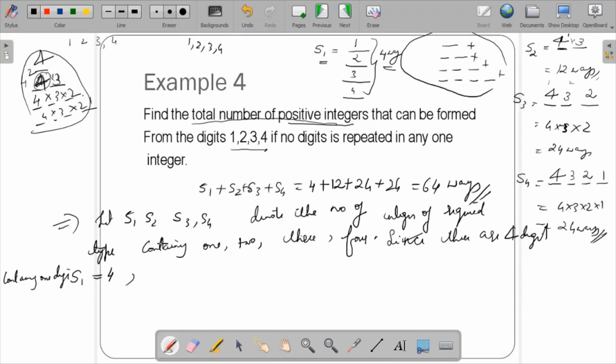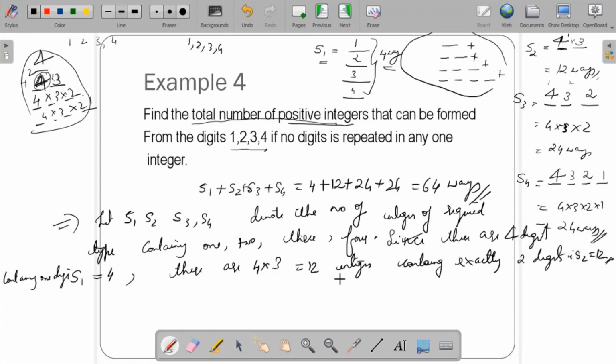There are 4 into 3, that is 12 integers containing exactly 2 digits. That is, S2 is equal to 12.